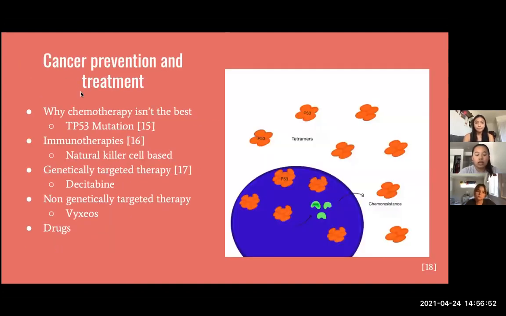So along with the mutations that Jackie mentioned, there's also TP53 mutations, which is why chemotherapy doesn't really work for AML. It is a very common and well-known cancer treatment, however, but the TP53 mutations cause chemo resistance. So for patients, next slide, sorry.